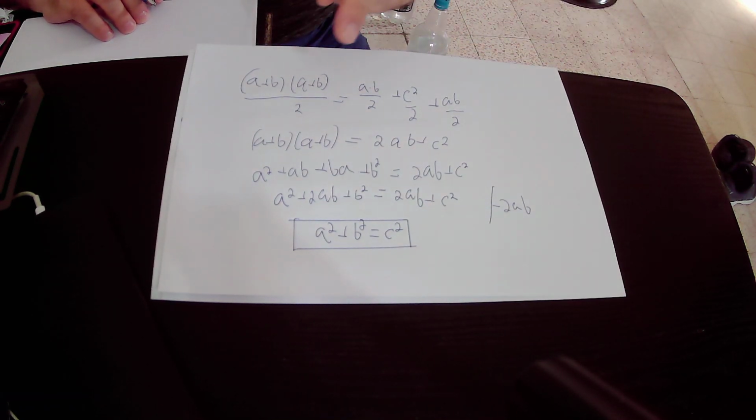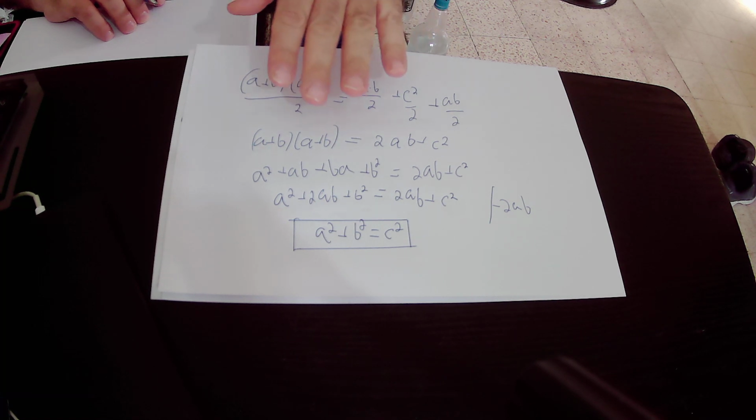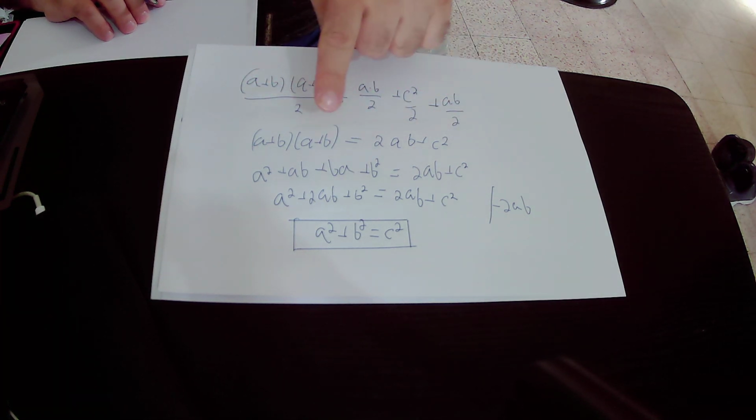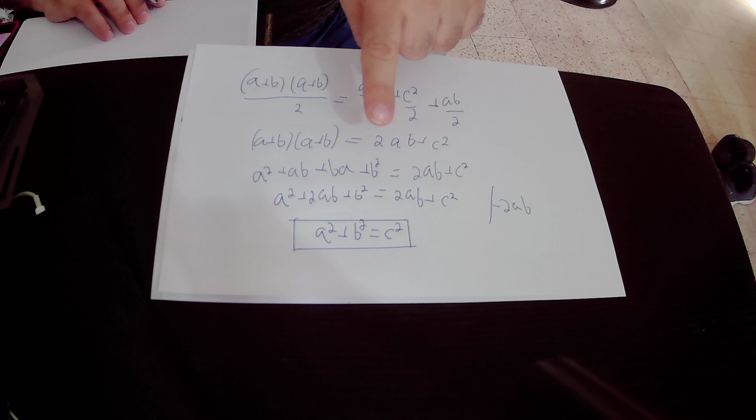After we deduct from both sides of the equation the expression 2AB, we are left with A squared plus B squared equals C squared.